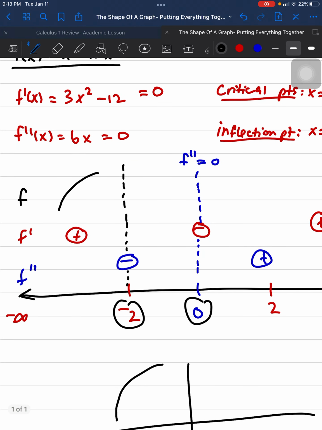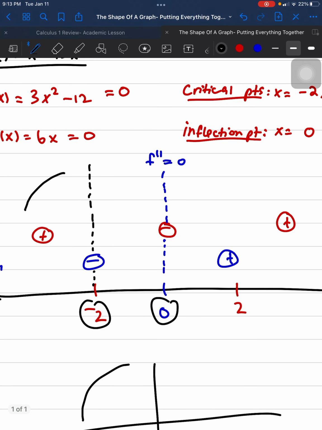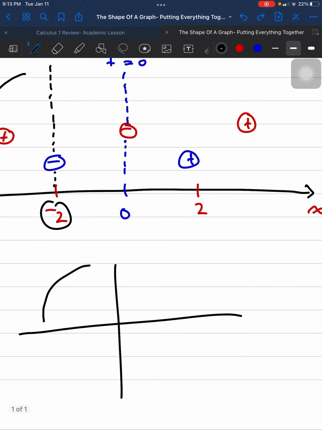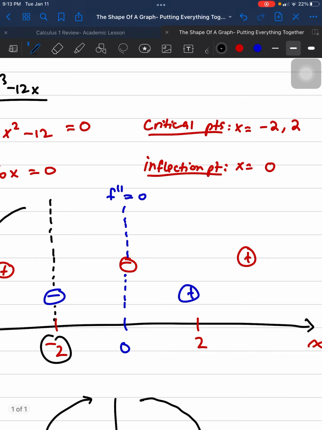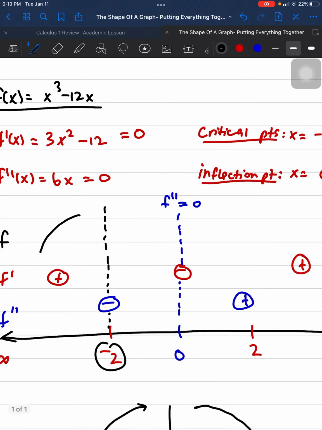The first derivative is negative, so the function is decreasing, and the second derivative is negative, so it's concave down. When we want something concave down and decreasing, it looks something like that. So between negative 2 and 0, the function looks something like this.